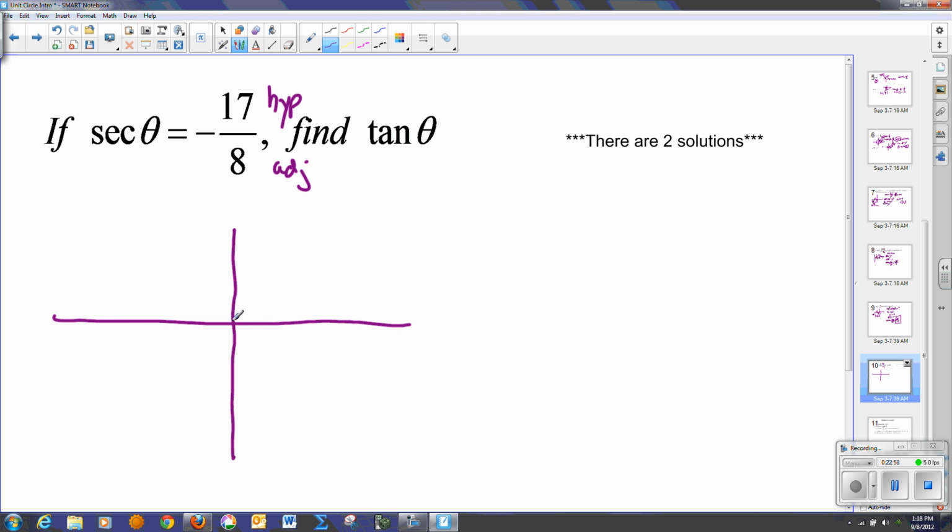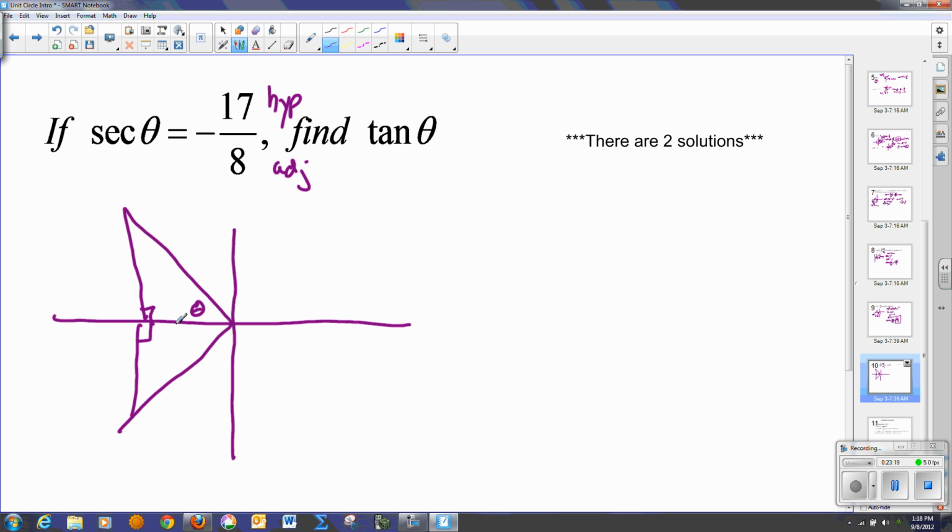So I have 2 possibilities of an x value being negative. One is in the 2nd quadrant, and one is in the 3rd quadrant. Both these triangles would have the same x value, both of which would be negative.